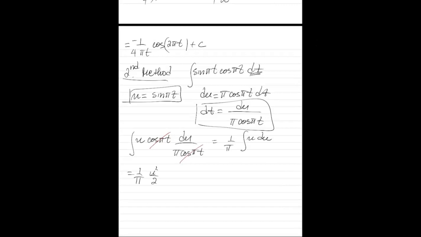As you can see, our answer looks a little different than the one we had here, but it's not a problem because that constant c here is different. I'll call it c1. And so these two answers differ by a constant. There is a sine squared formula that you can write in terms of cosine of a double angle. And that concludes the review.